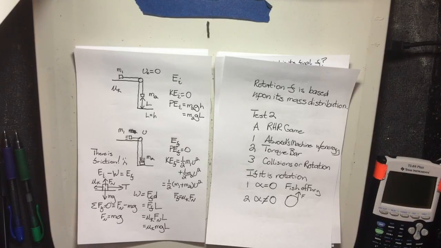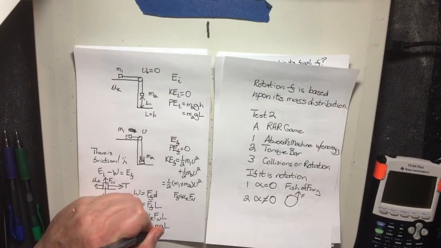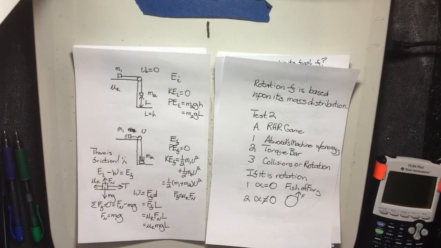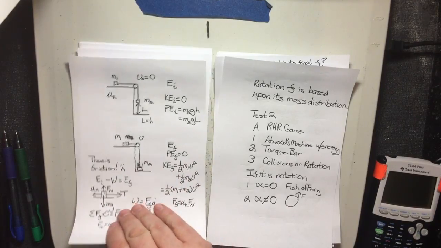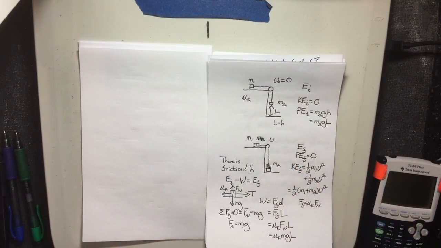M1 or M2? M1. So remember, to label your masses, because if you lose the labeling of your masses, things can go bad quickly. So there we go.